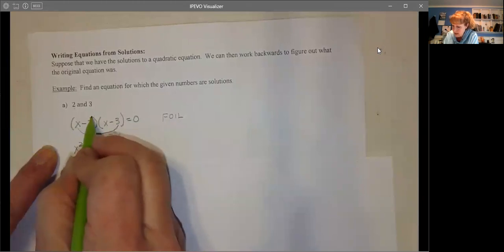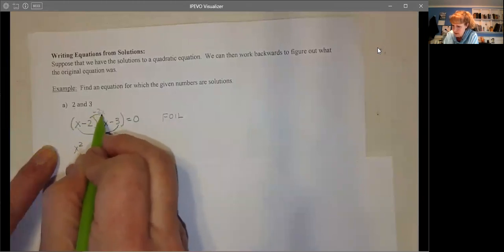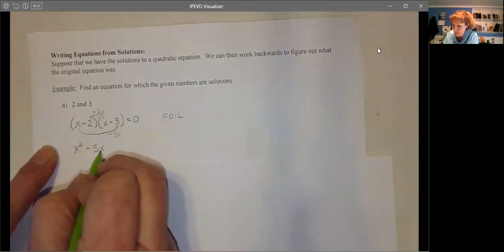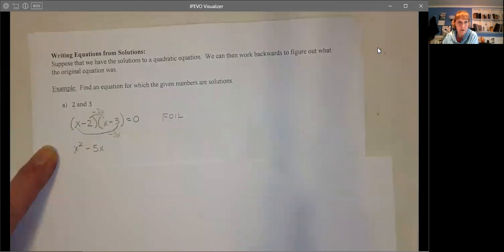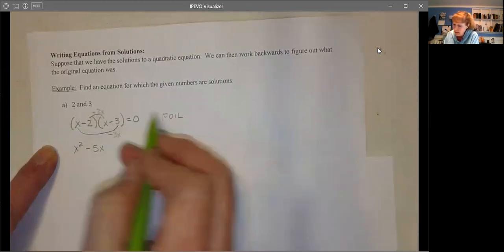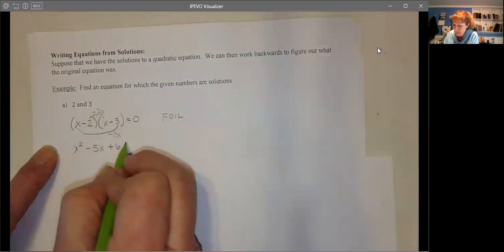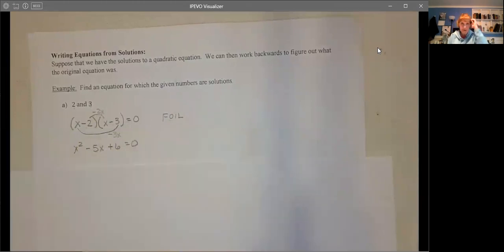The inside is a -2x, gives us a -5x when you combine those two together. The L is the last times the last, which is +6. And there you're done. That's it. So x squared minus 5x plus 6.